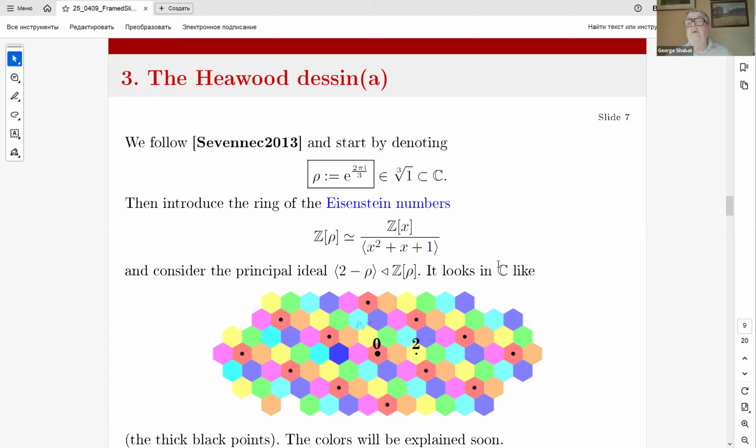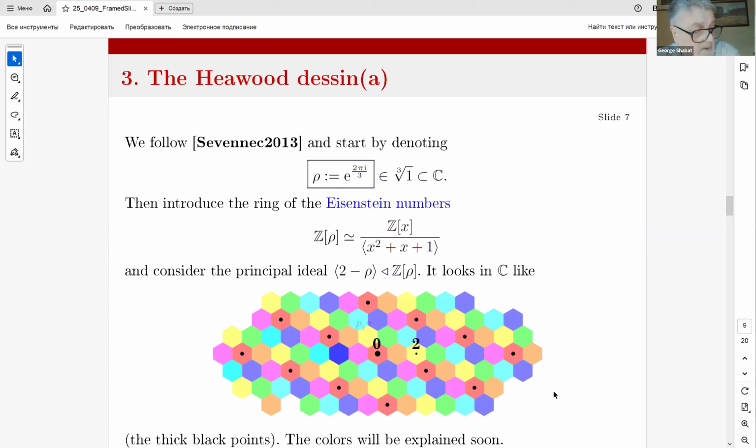I'm not sure how clear it is. So as I write, the colors will be explained later on. And now drawing 0. So what you see is the colored hexagon tessellation of the complex plane.